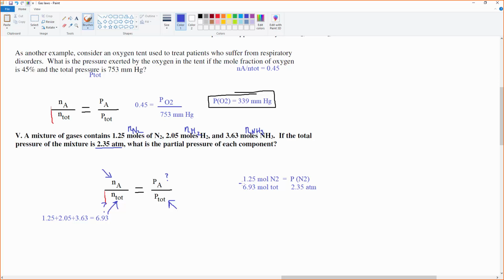Oh, I violated my own rule, which was solve it before you plug it in. All right, I'm going to multiply both sides by 2.35 atmospheres.